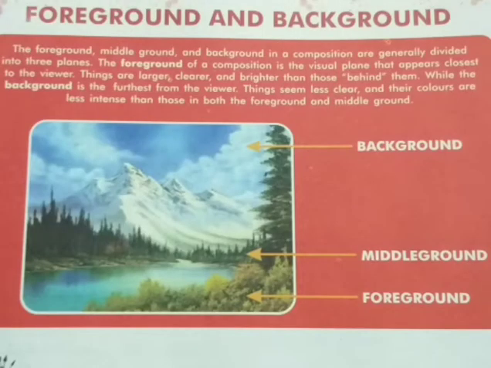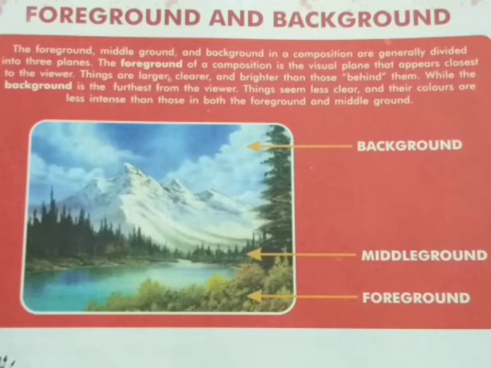In this video, I am going to teach you about the foreground and the background. The foreground, middle ground and the background in a composition are generally divided into three planes. The foreground of a composition is the visual plane that appears closest to the viewer.